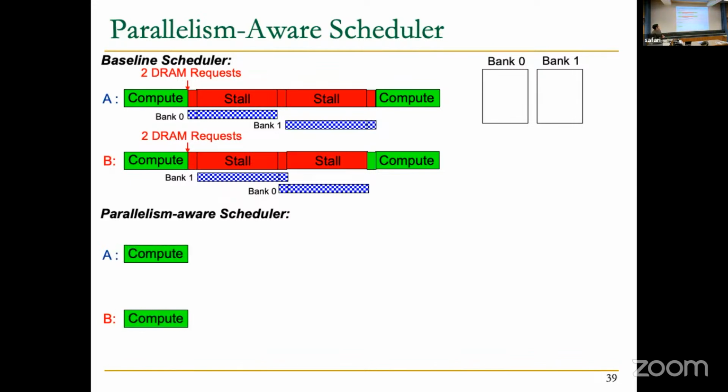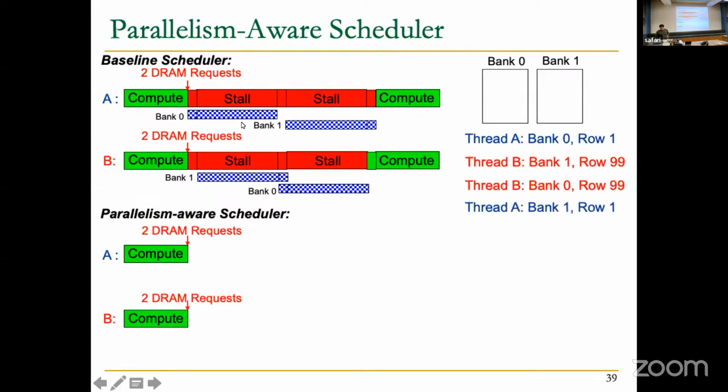We have 2 requests from thread A and B on the top side. Thread A's requests normally can execute in parallel, right? Because one of them is going to bank 0, the other one is going to bank 1. So you could execute them in theory in parallel, while very close to each other in time. But there's also thread B's requests that I didn't show you here.